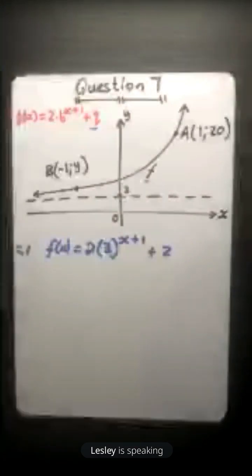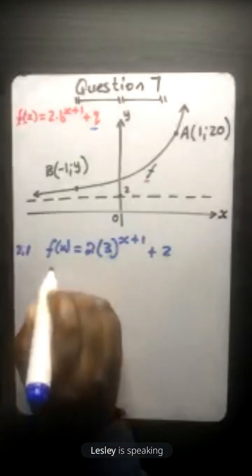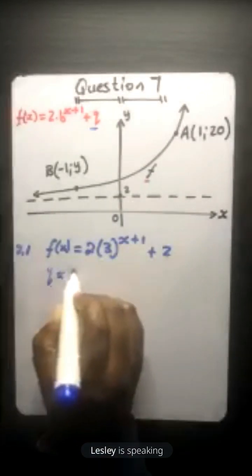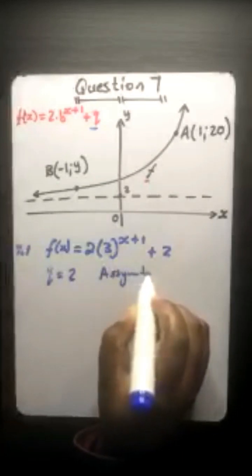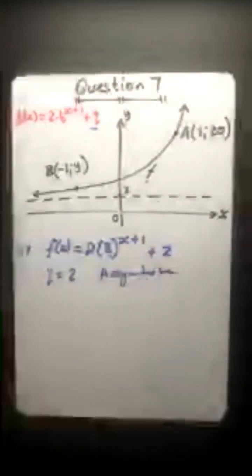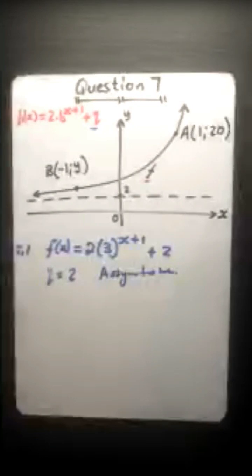So the q will equal to 2 since it's the asymptote. Continue. Okay.